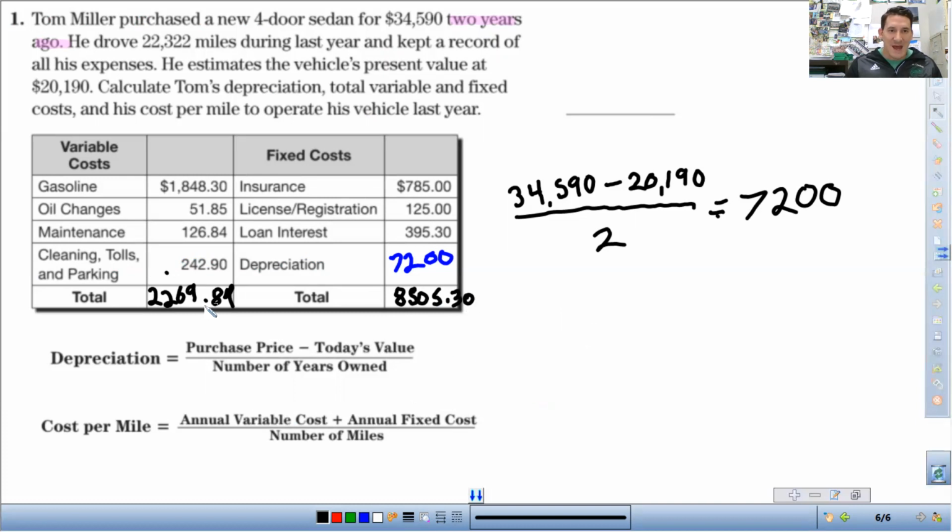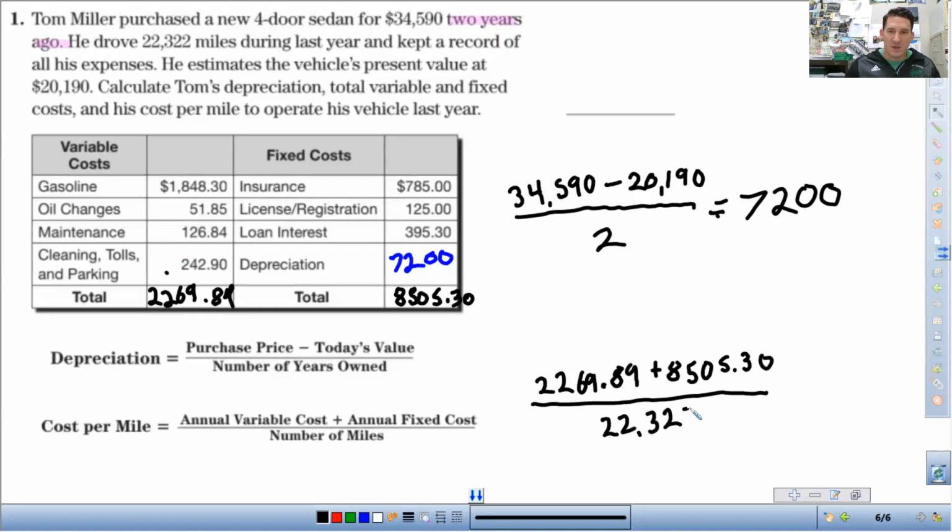So now cost per mile. What we want to do is add the variable costs and fixed costs and divide by the number of miles driven, 22,322.